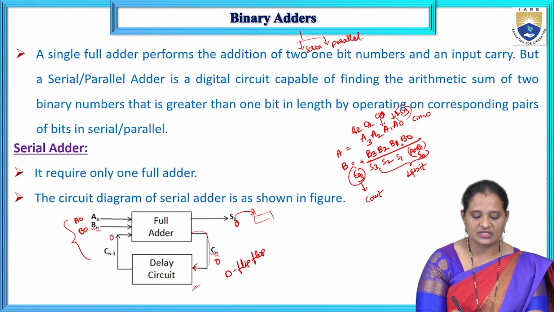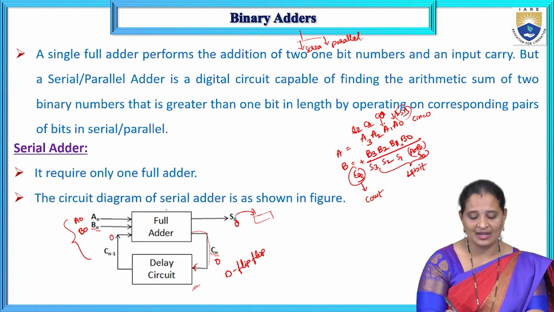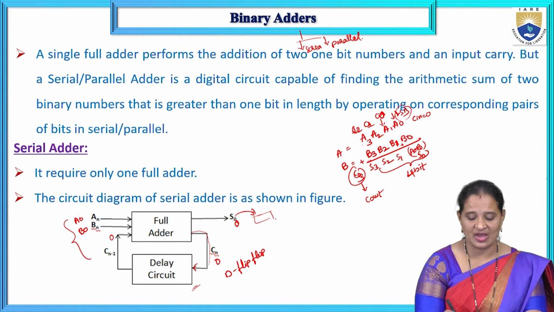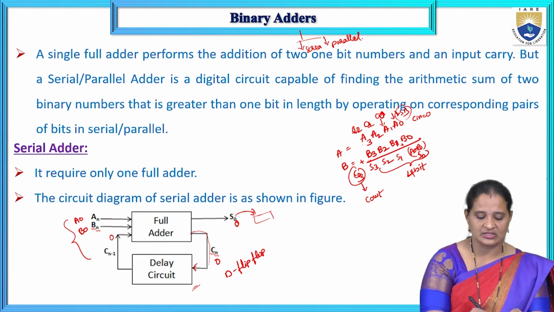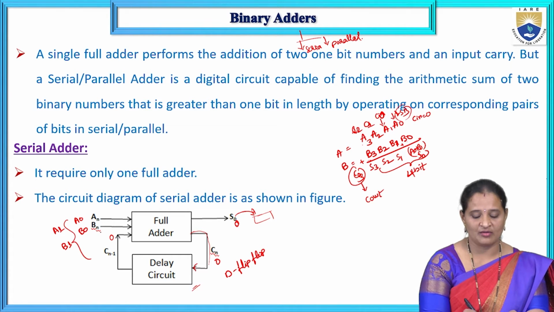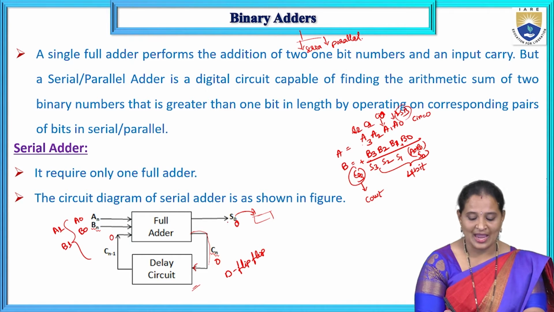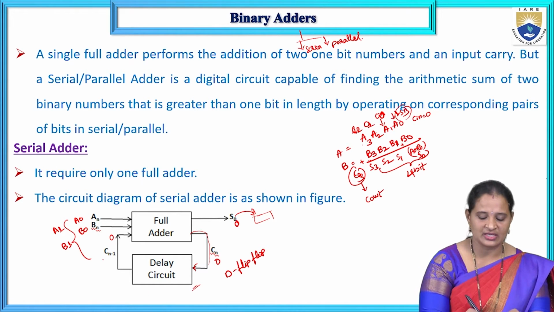So during the first clock pulse, the carry input is 0 and the LSBs are added. The sum output is stored in the register or some other storage device, and the carry output of these LSB bits is stored in the delay circuit. During the next clock pulse, the next bits of the 2 numbers, that is A1 and B1, are given to the full adder. At this time, the carry which has been stored in the delay circuit is applied here.